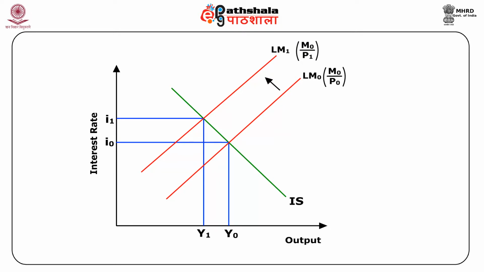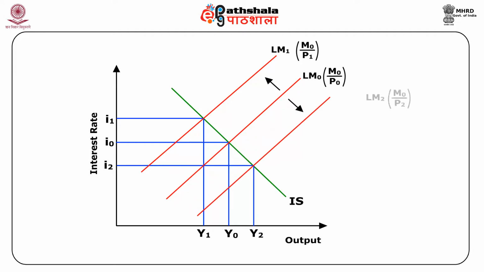In contrast, a decrease in price level from P0 to P2, ceteris paribus, acts like an expansion in real money supply and shifts the LM schedule to the right to LM2. Note, in these cases, which is for LM0, LM1 and LM2, the nominal money supply is unchanged at M0.